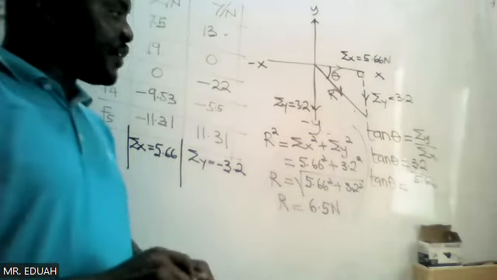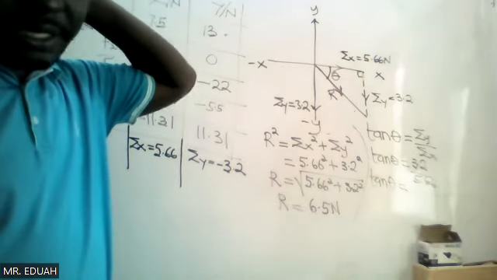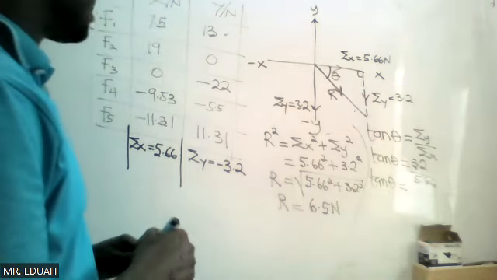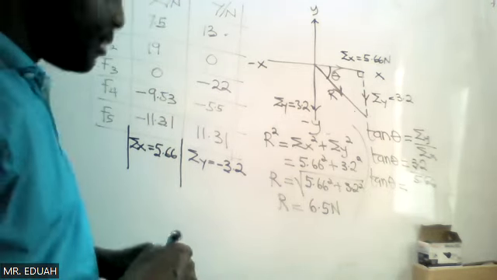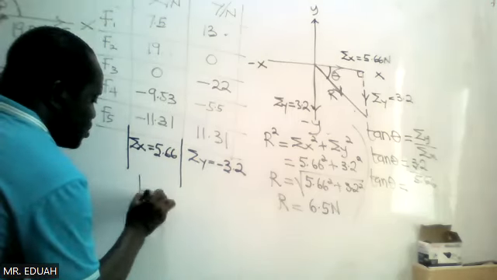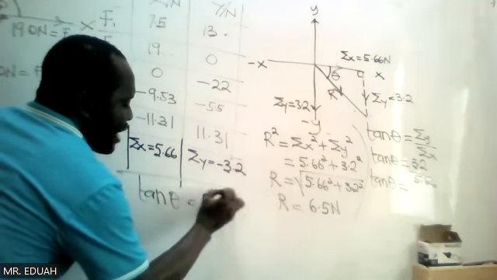What is 3.2 on 5.66? 0.565. So tan theta is 0.565.